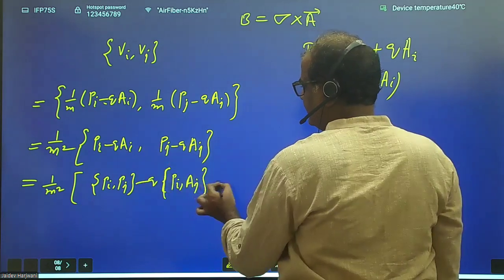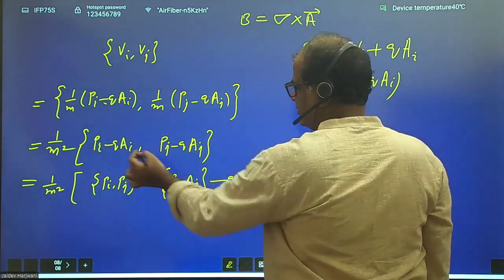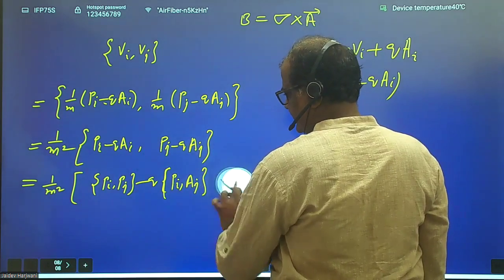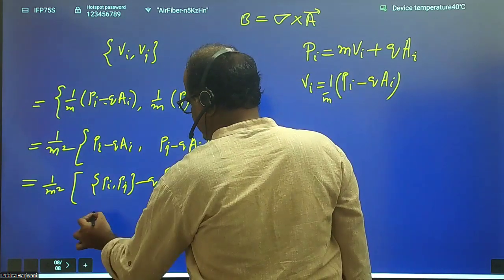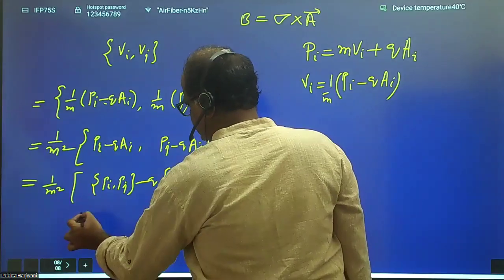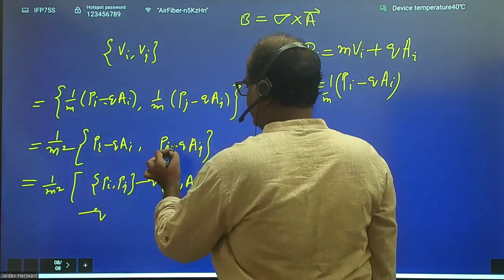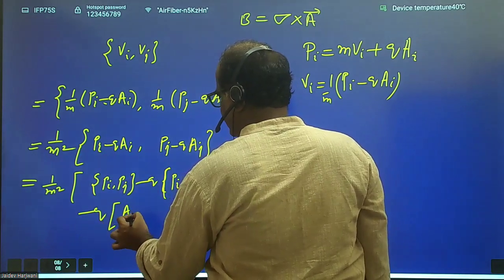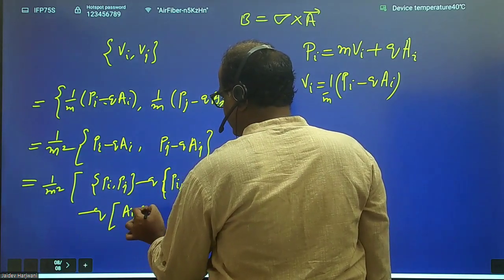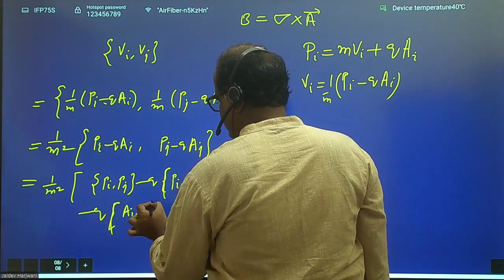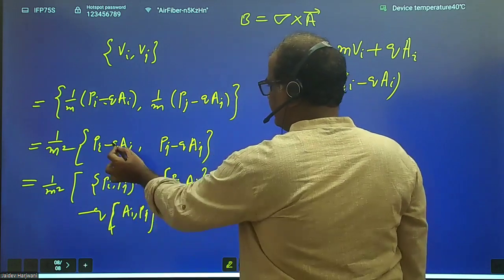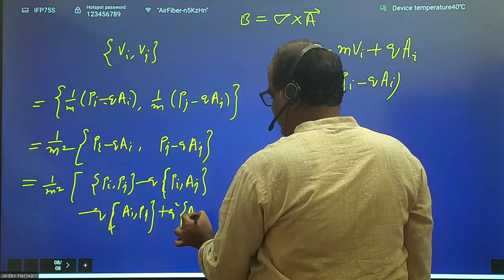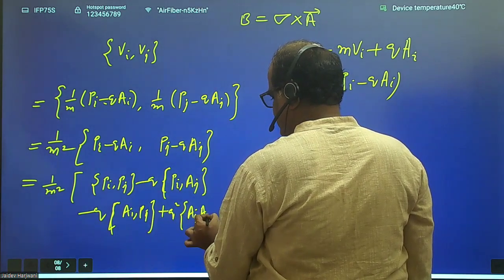Careful about this in ijk. And now next is minus q times the Poisson bracket of ai, pj, plus q square times the Poisson bracket of ai, aj.